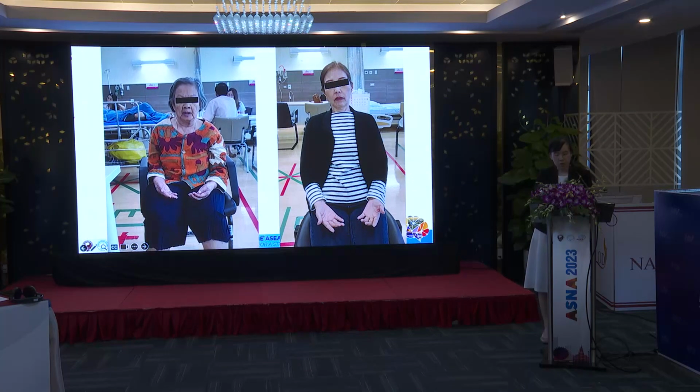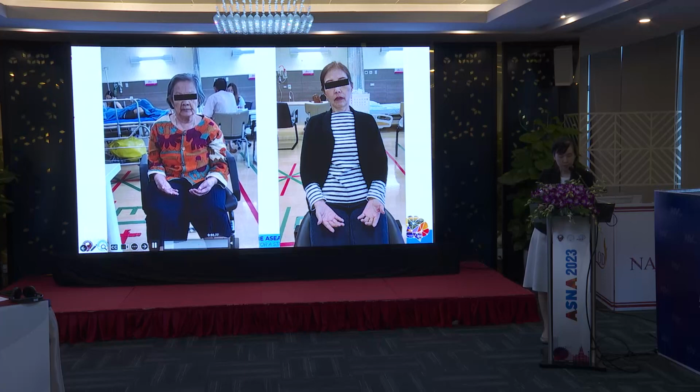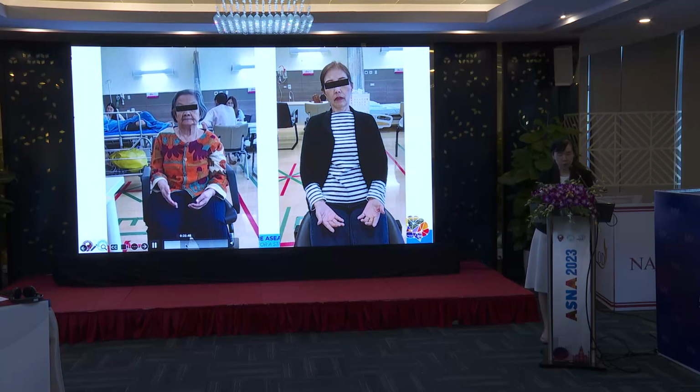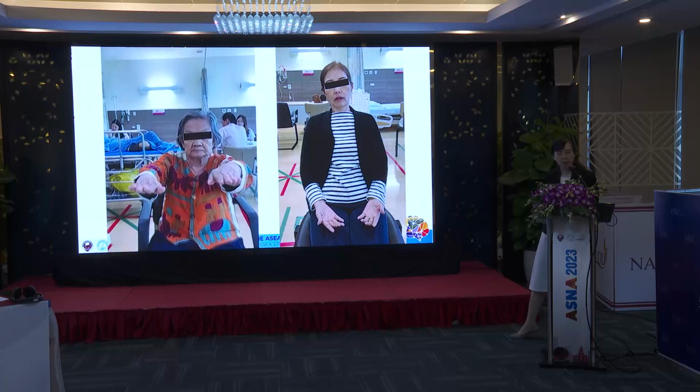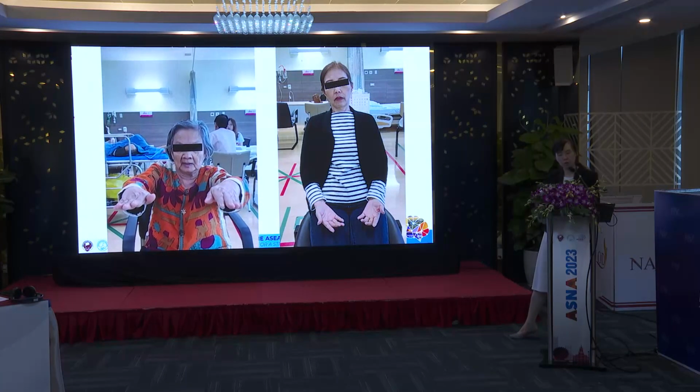This first patient has ET plus. You can see here that she has a rest tremor at the left hand. And once we ask her to hold the hands up, you can see here that she has tremor right away bilaterally, but more on the left hand. So there is no pause, so this is a postural tremor.